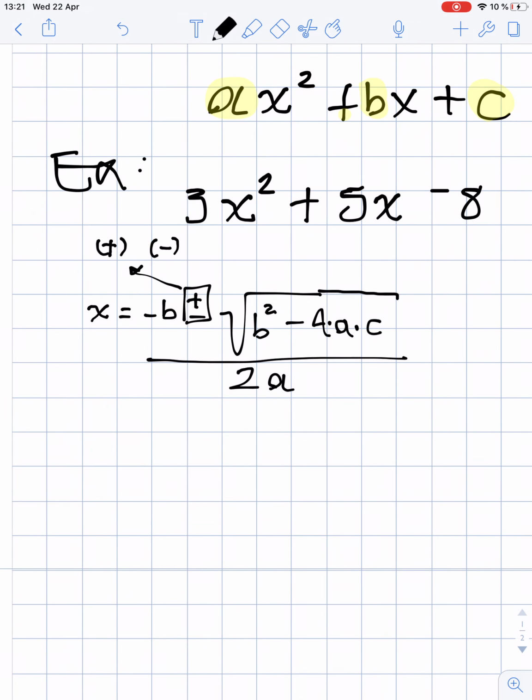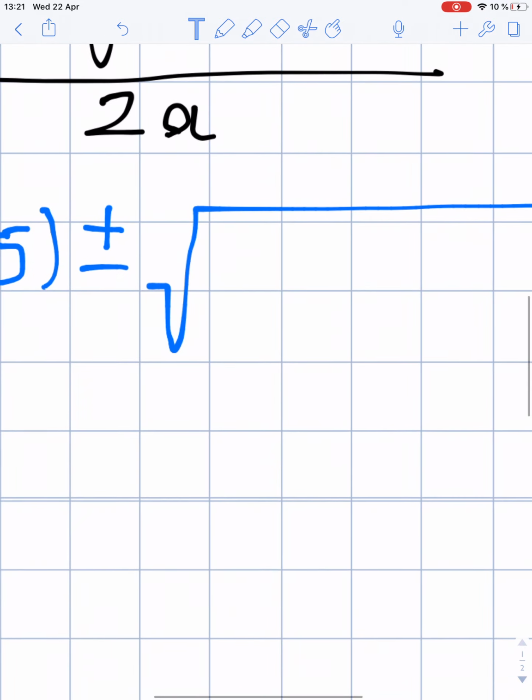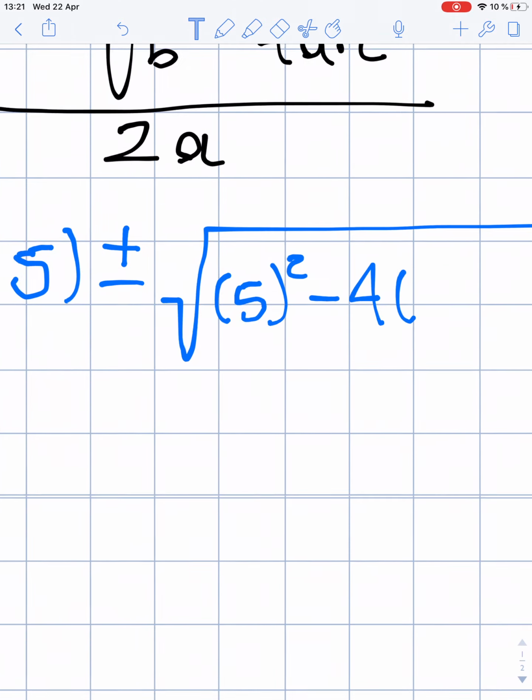Now identify the different components. It is a, only taking the coefficients, okay? It is b, and this is c. Now replace the values in the formula. That means x equals minus, what is the value for b? 5, plus or minus the square root of 5 squared minus 4 times the value for a.